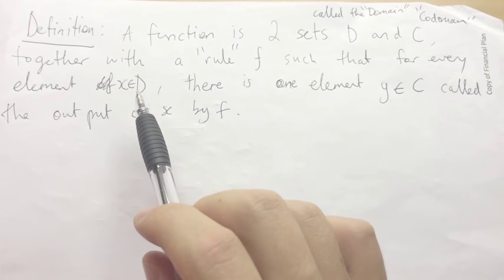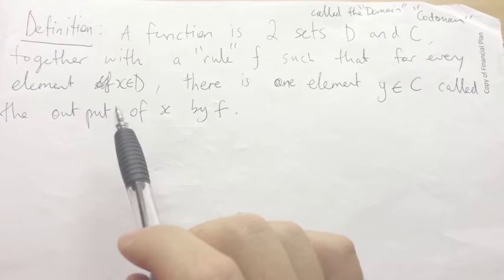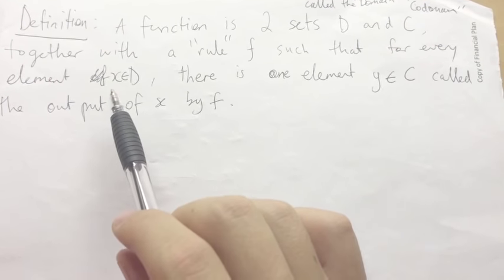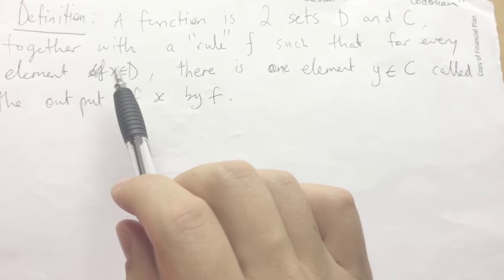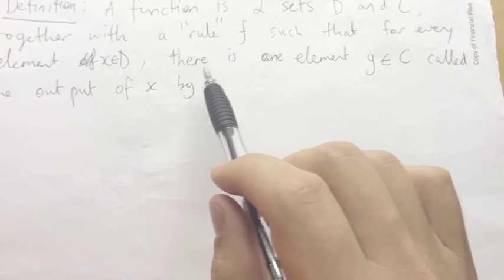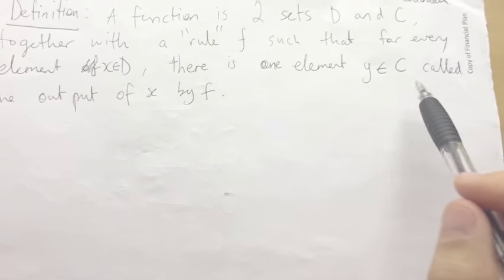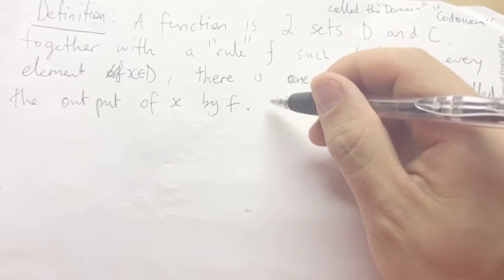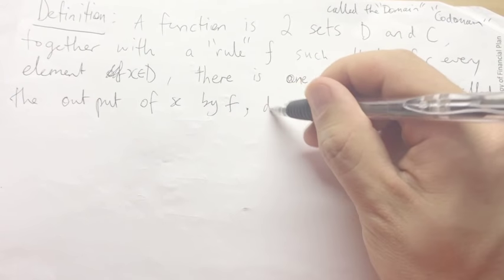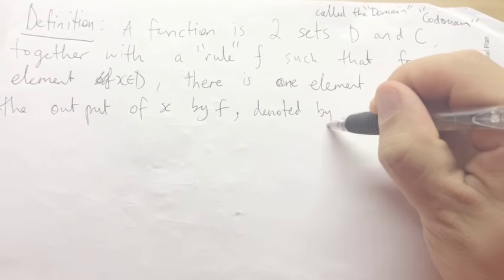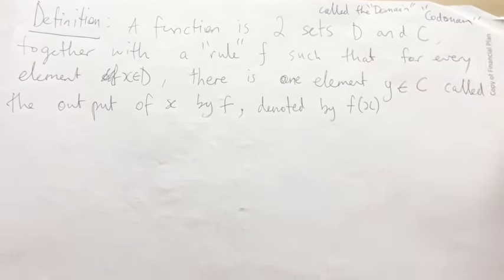The domain is also known as the set of inputs, so each element x is an input, and the condition is every input has only one output. So there is one element y called the output, and this output is very often denoted by f of x.